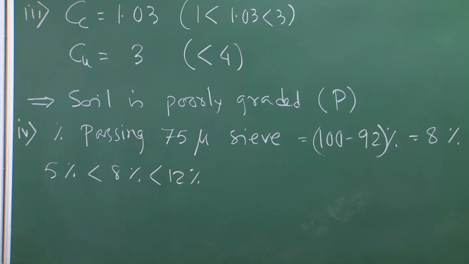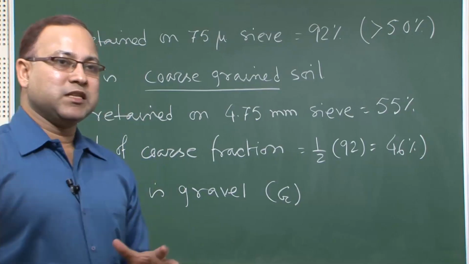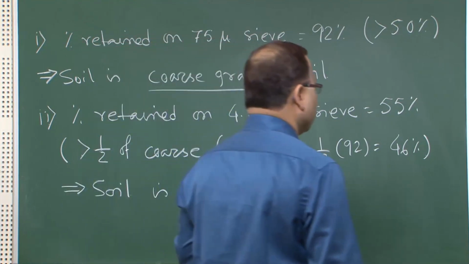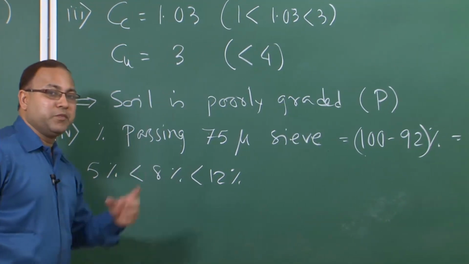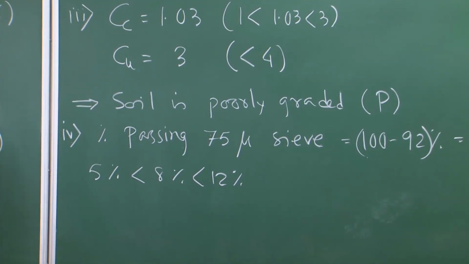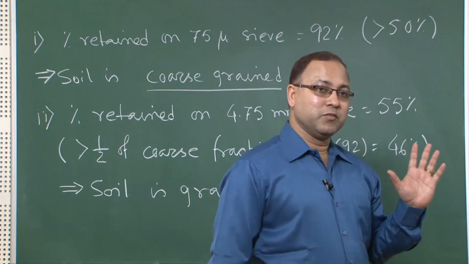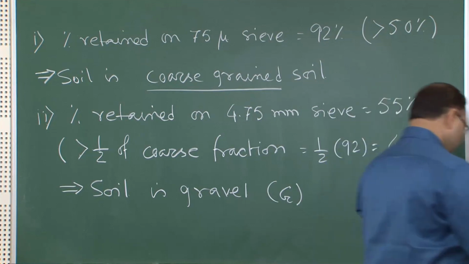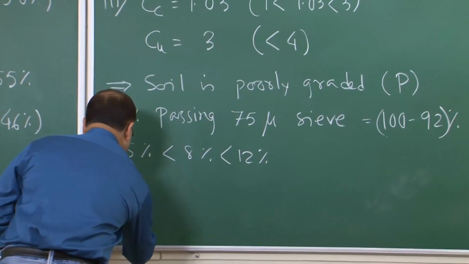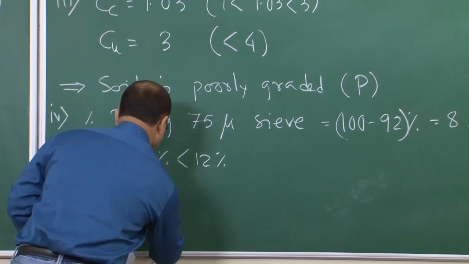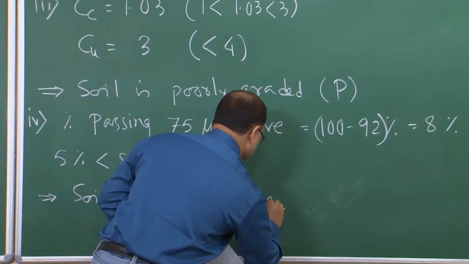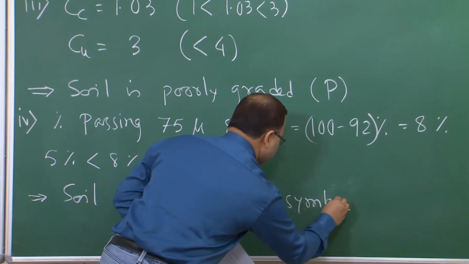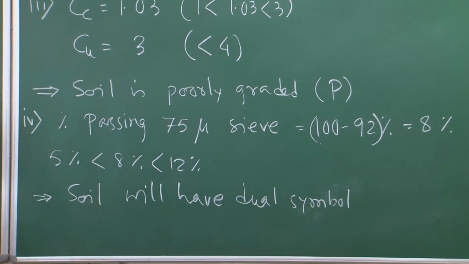So, if the fine content is less than 5%, that will be classified as completely coarse grained soil, whereas if it is greater than 12%, that will be classified as something else. But if it is in between 5% and 12%, then you will get dual symbol, right. So, if you recall from the lecture, you will get dual symbol. So, soil will have dual symbol because your percentage passing, that is the fine content, is between 5% and 12%.